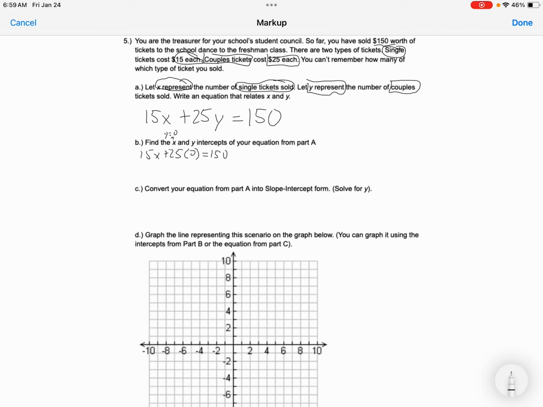Now 25 times 0 is 0, so that cancels out, giving me 15X equals 150. To solve this, we divide by 15. And we get that the x-intercept is at x equals 10.